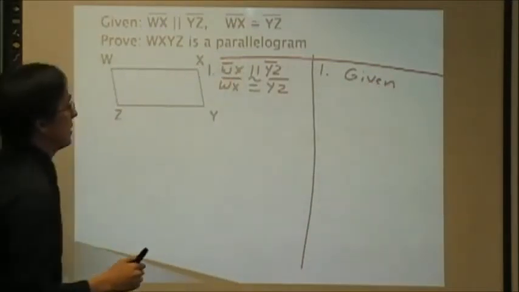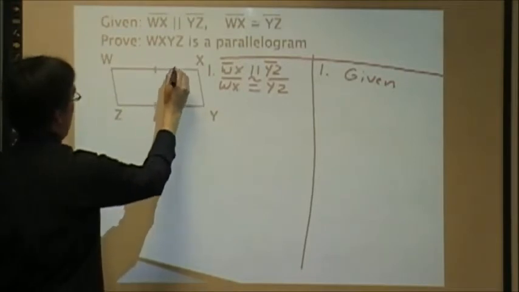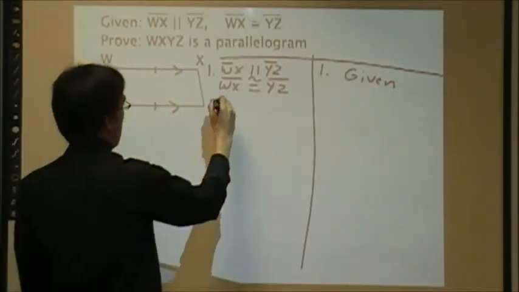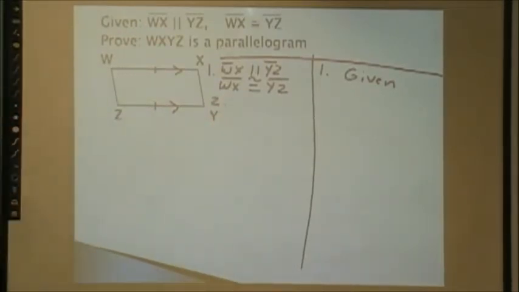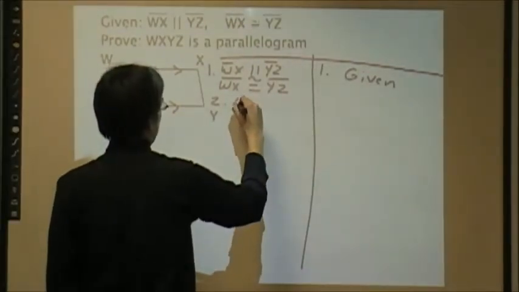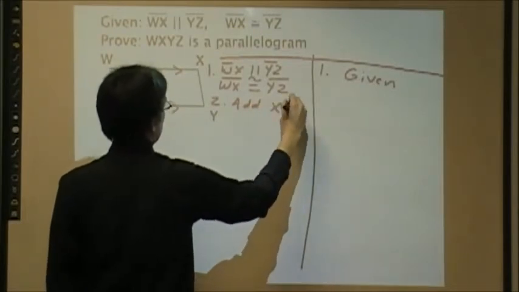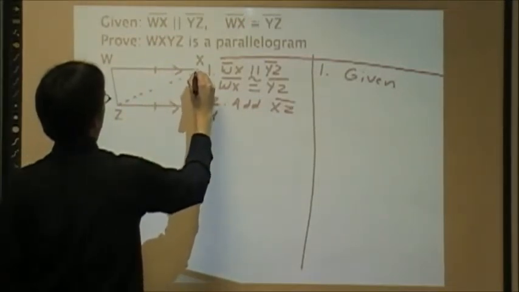Alright, let's go ahead and update our picture. Parallel, congruent, and let's see what we can find. I'm going to add a diagonal at XZ. Add segment XZ. There we go.